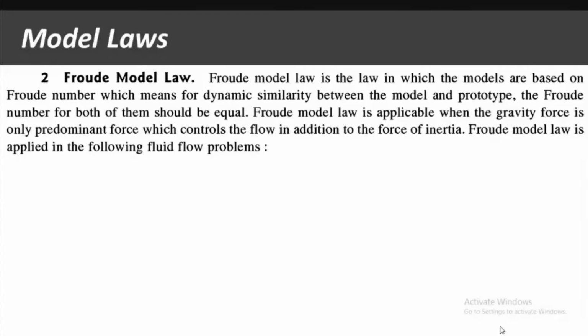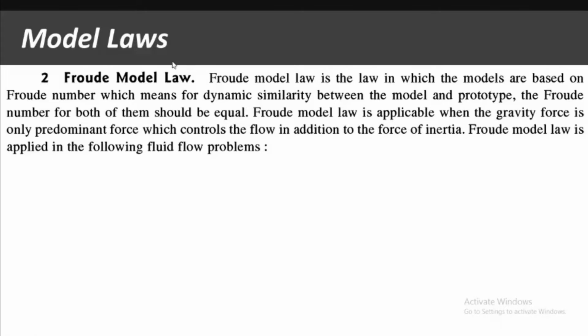Froude's model law simply states that the Froude number for model and for prototype should be equal. Basically, the Froude model law is a law in which the models are based on the Froude number, which means dynamic similarity between the model and prototype.